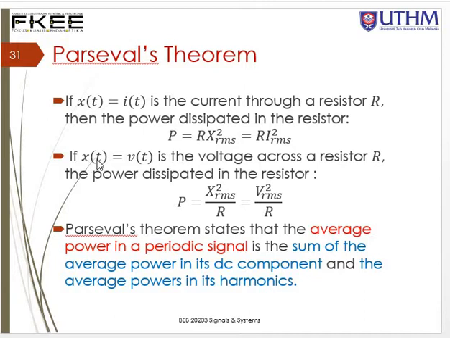But if x(t) equals v(t), the voltage across the resistor R, then the power dissipated in the resistor is P equals V RMS squared over R. But what is Parseval's theorem? Parseval's theorem says that the average power in a periodic signal is the sum of the average power in its DC component, the A naught, and the average power in its harmonics.